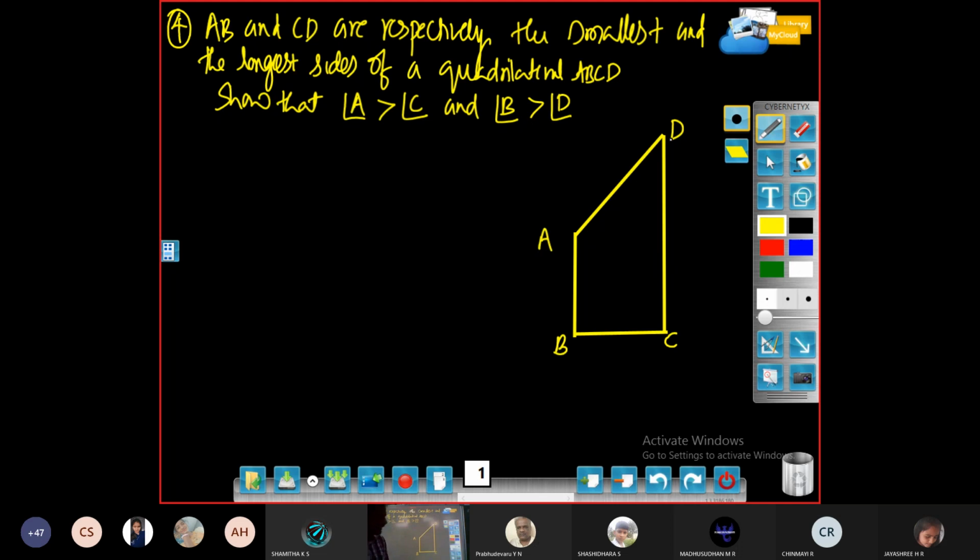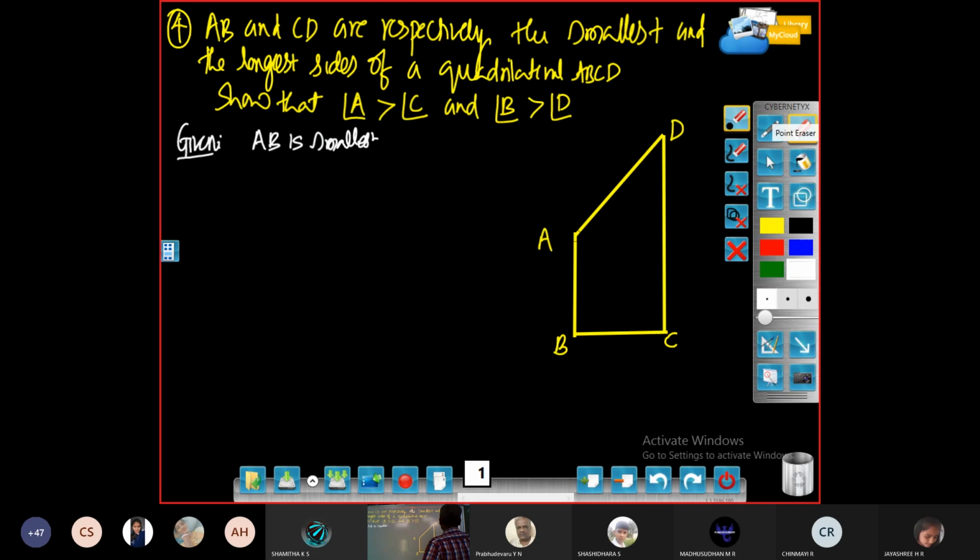Now with reference to this diagram, let us write what data they have given. AB and CD are smallest and longest. So AB is smallest. Let me change the diagram because it is the smallest.